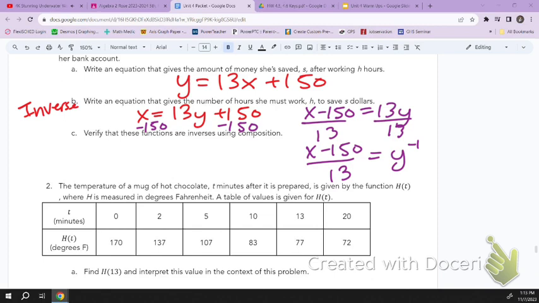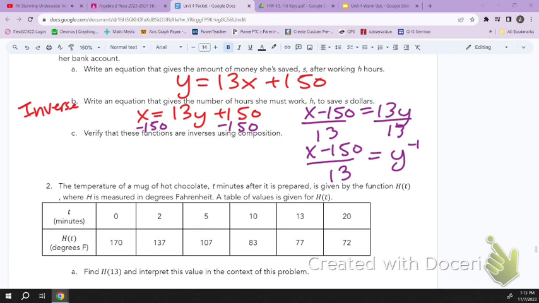So I know that this is my inverse function. Will it always be a fraction? Not always. Depends on the type of function we're starting with. Because it's linear, it will end up being a fraction.